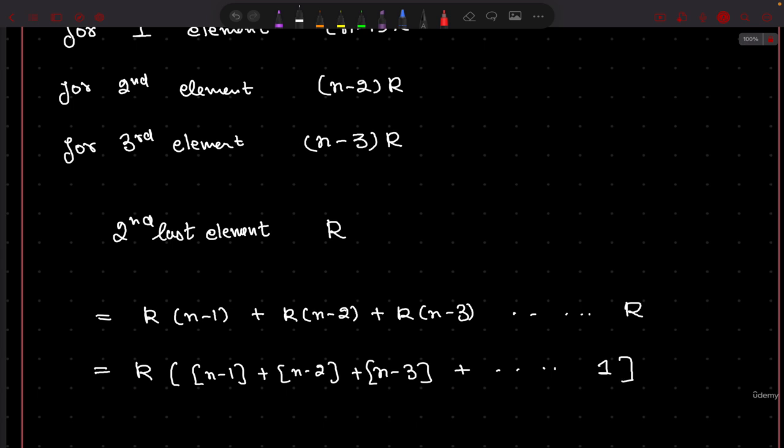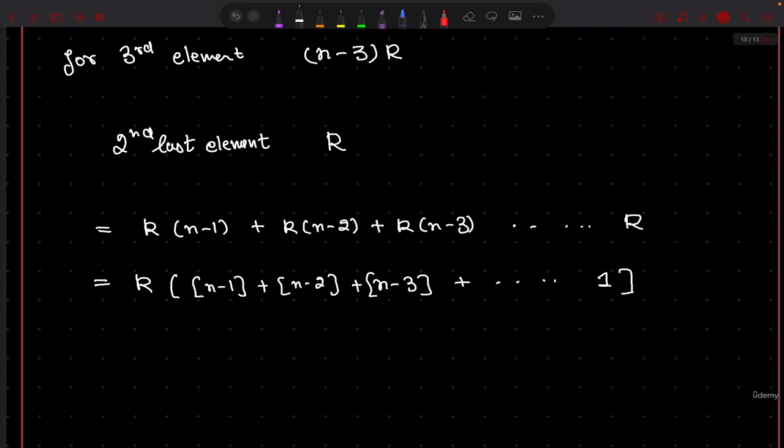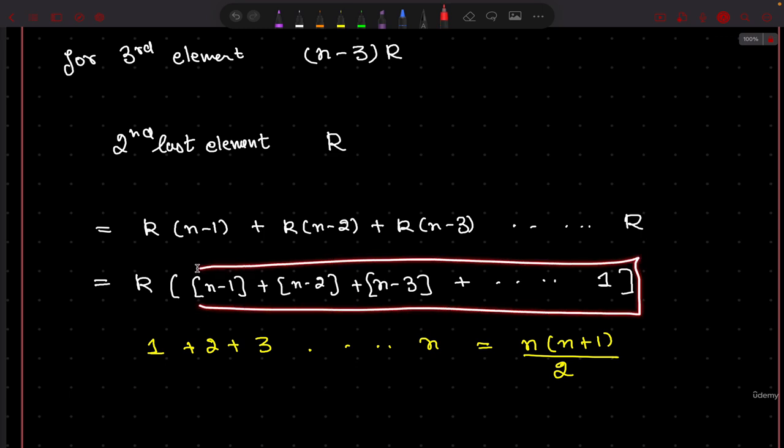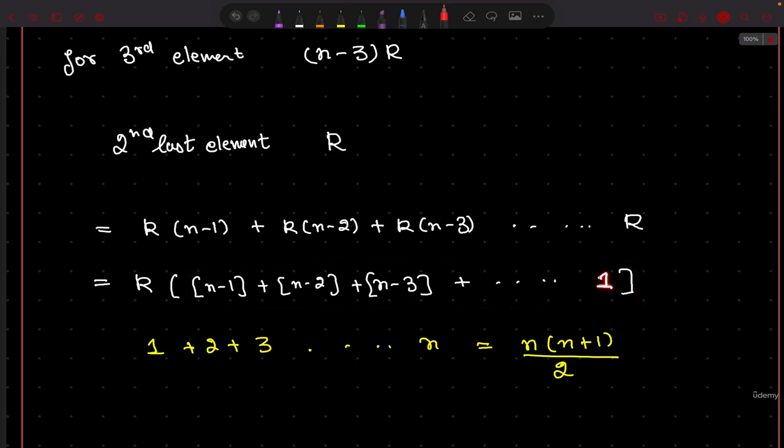Okay, so for those who are not aware, this is actually a very good pattern. We have the formula for 1 plus 2 plus 3 all the way to n, which is equal to n into n plus 1 by 2. Now if we look at this closely, this is just in reversed format, where we are doing 1 plus 2 plus all the way, but we are going till n minus 1.